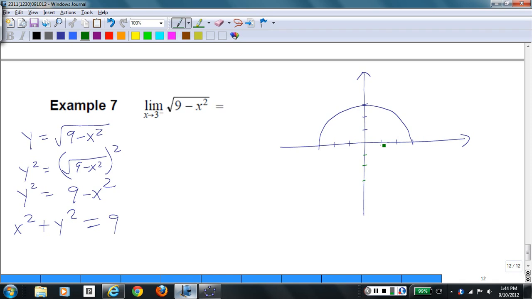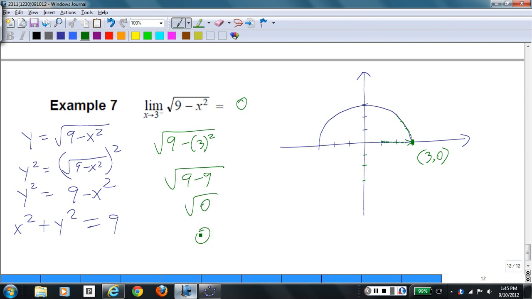But as we approach from the left, we can see points on the graph are approaching this point right here. So their y coordinates are approaching 0. We can get this by direct substitution. This is going to be the square root of 9 minus 3 squared, which is the square root of 0, which is 0.